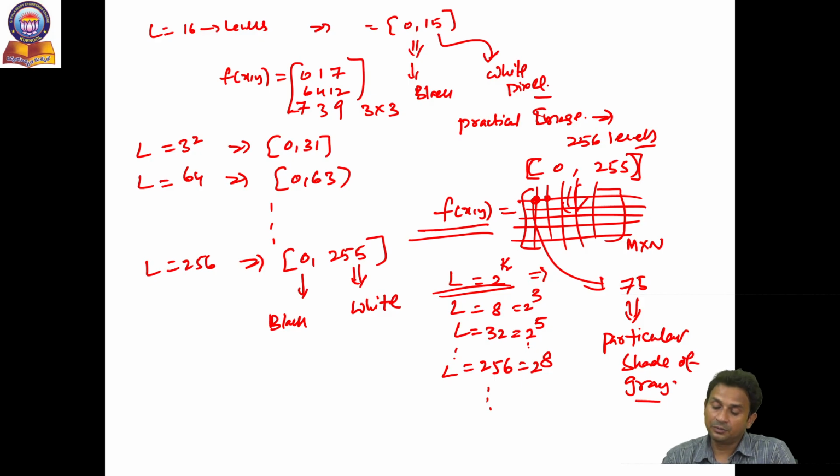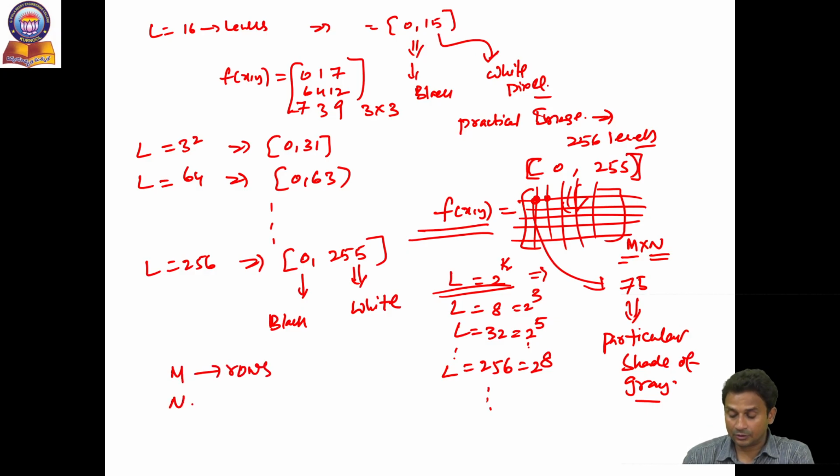Each pixel will have a specific position, a row and column number, and the number of rows and the number of columns are generally represented as m by n: m rows, n columns. The number of rows and columns depends on the sampling process.